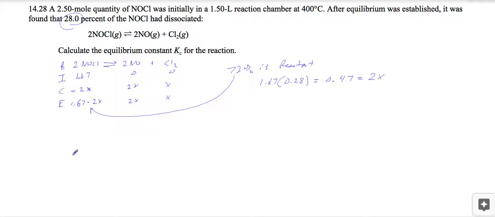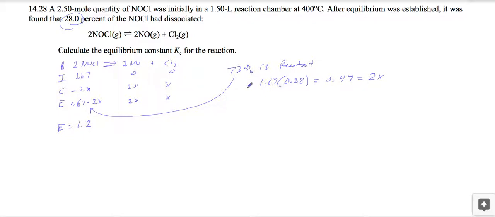So I'm going to do another equilibrium list down here. 1.2 for this one. So we're going to think about, started at 1.67, it dissociated this much. We're left with 1.2.